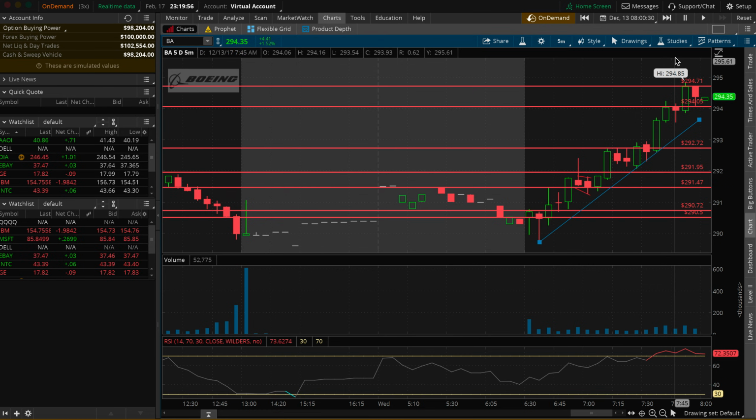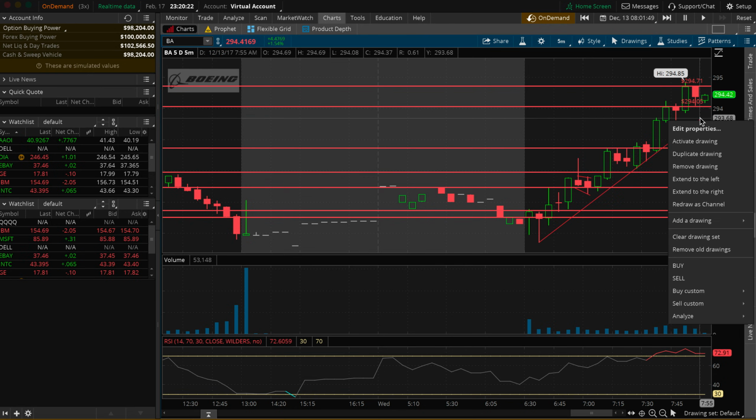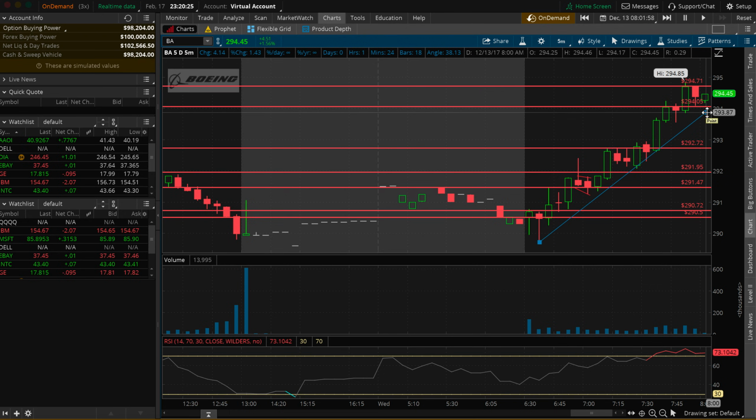Watch this. See where it's going. All right, looks like it's getting a little consolidation right here. Bring that uptrend up. So this is support. Resistance. They've gotten closer.